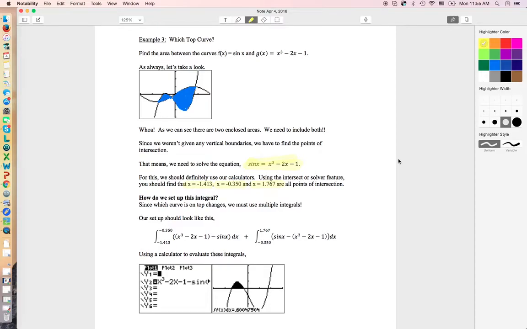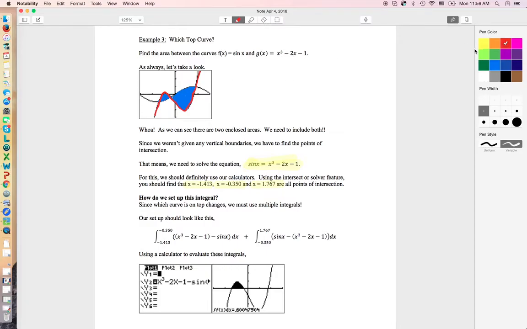And I called the example which top curve, and that's because we can see here that the curve that's on top is different for each of the regions that we're looking at. So in region 1, it's a little bit hard now that I colored it, but in region 1, you can see that our cubic equation is on top, but that cubic equation is on the bottom in the second region.